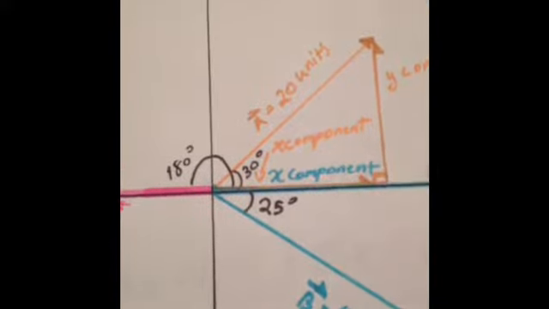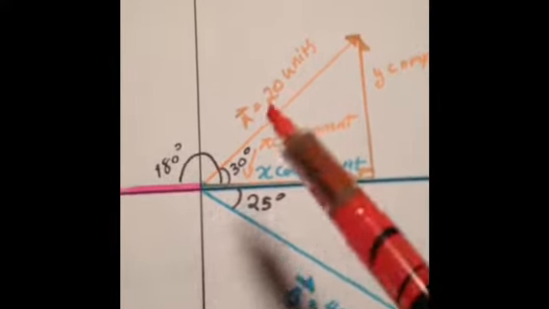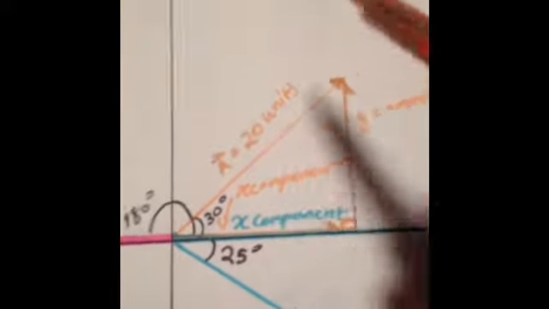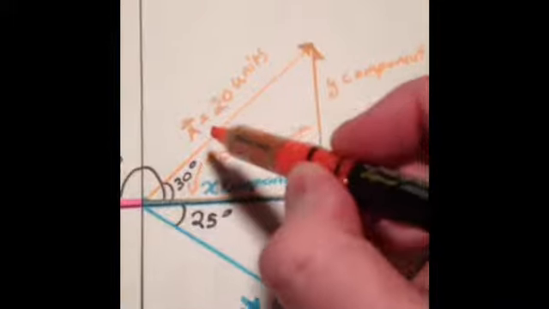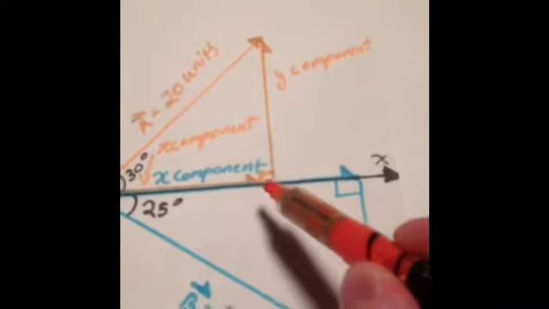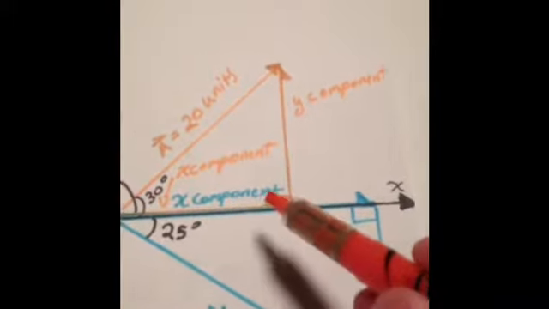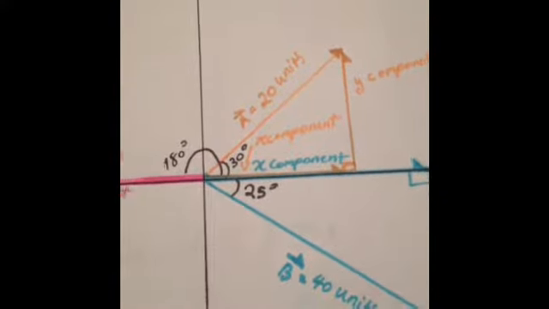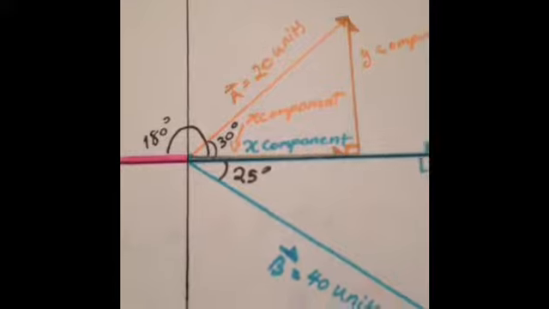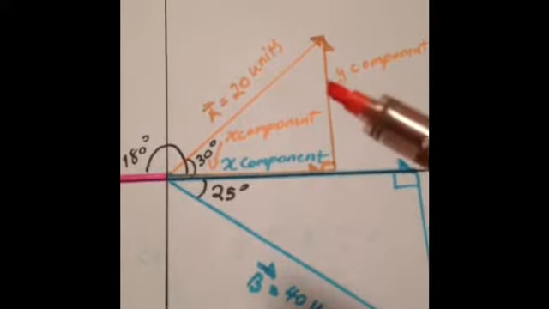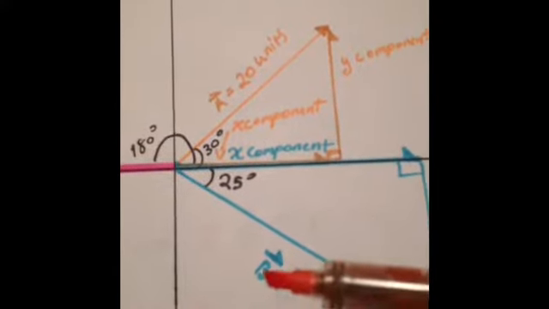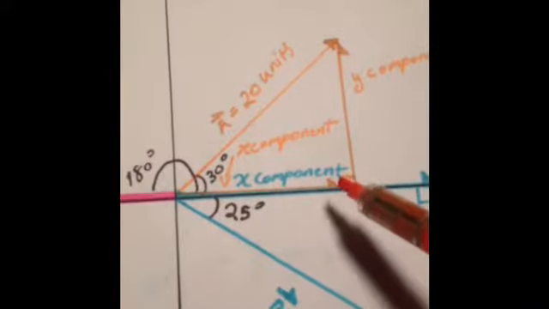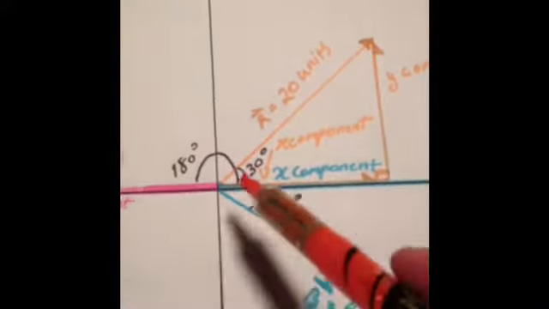It doesn't really matter that much, but that's how I'm doing it here. Vector A is 20 units long, and that is the hypotenuse of a right triangle. As you can see, that little square is a 90-degree angle, so this is a right triangle, which allows us to use trigonometric techniques to find the lengths of the two legs of this triangle.